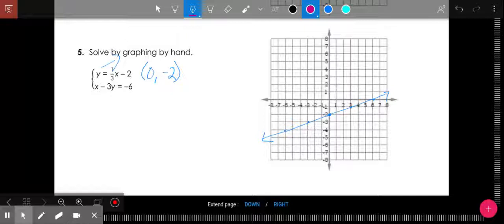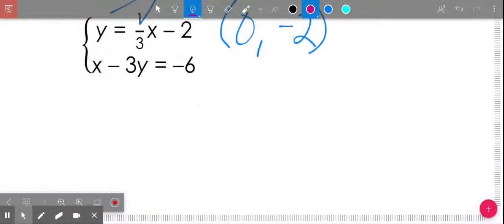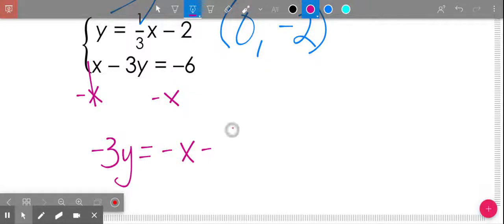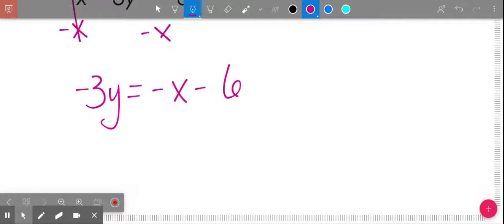Now for my pink line, we have to solve for y so that we can graph this a little bit easier. So we're going to subtract the x over. Those will cancel. So I'll have negative 3y is equal to negative x minus 6. Remember, I can't combine those because they're not like terms. Divide out the negative 3.